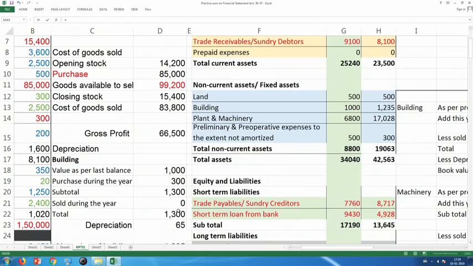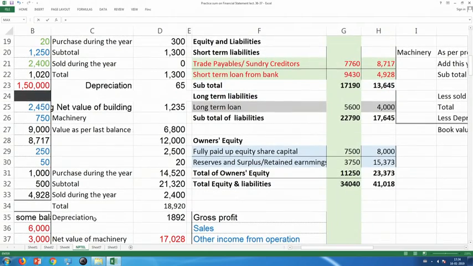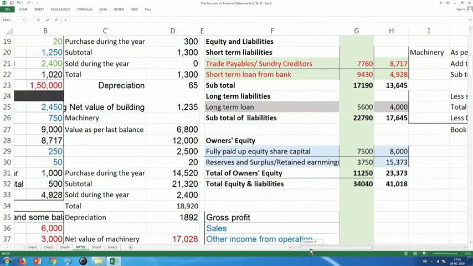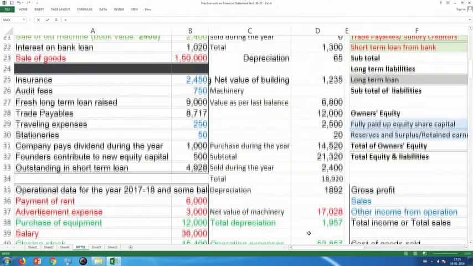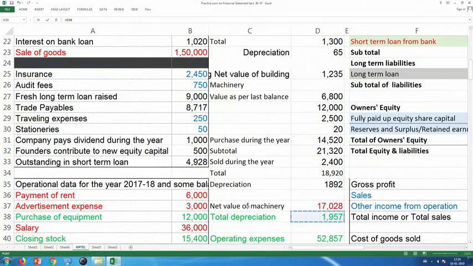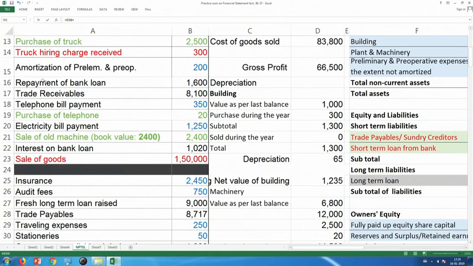Depreciation is here, total depreciation was 1892, total depreciation 1957, plus let us add amortization. Amortization should be somewhere here.